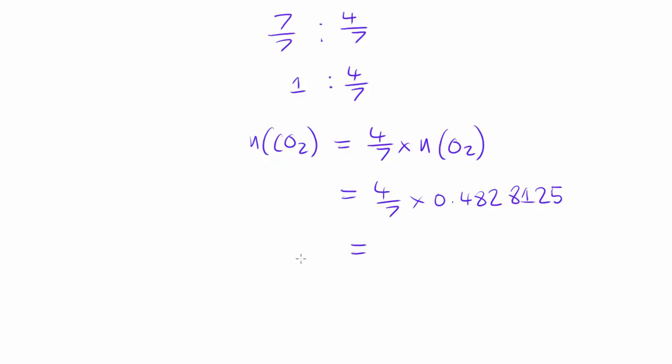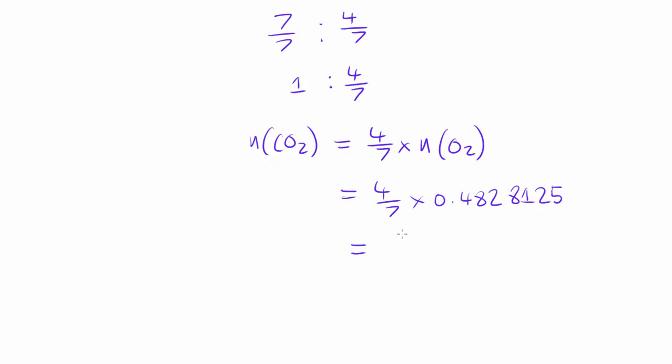If you work that out, because you're dividing by 7 in this case, and this is not so easily divisible by 7, you're going to get quite a long number. So what I'm going to do is give mine to approximately 7 decimal places.